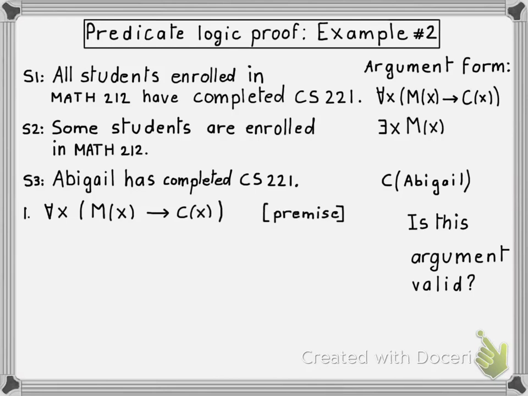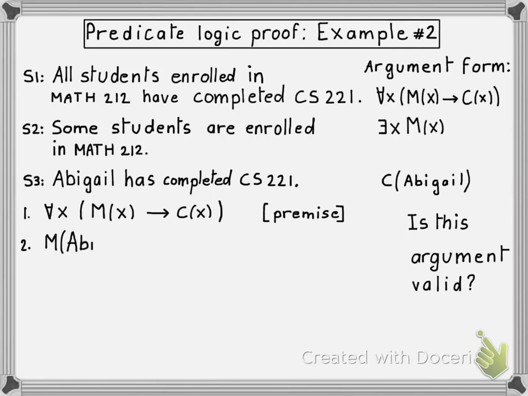Let's pick the first premise as our first true proposition of the proof. Now, what can we infer from this premise? Well, this premise is a universal statement. Therefore, we can instantiate it by replacing x with any specific object in the universe. And here, of course, we're interested in Abigail. So we're going to instantiate this proposition using Abigail for x.